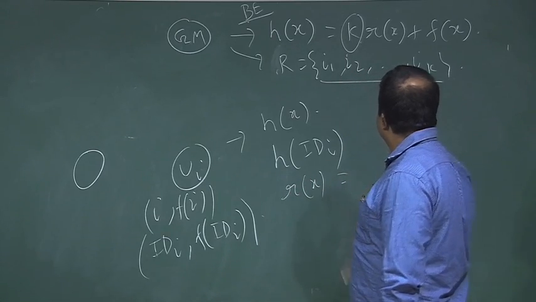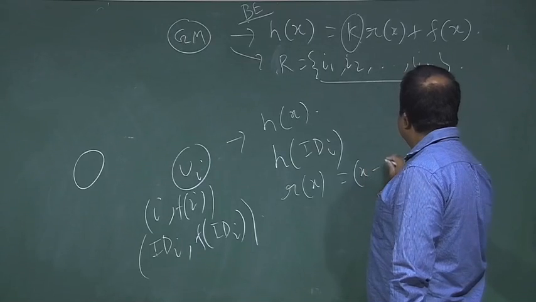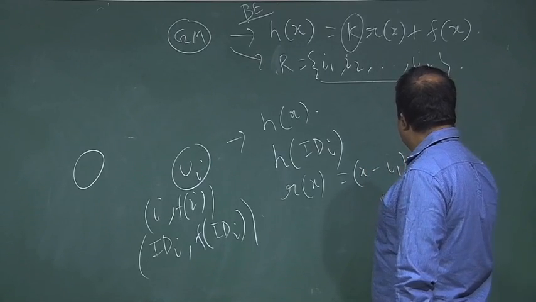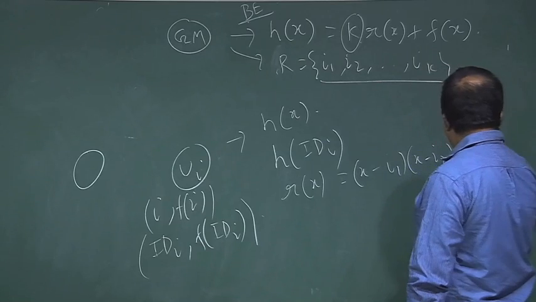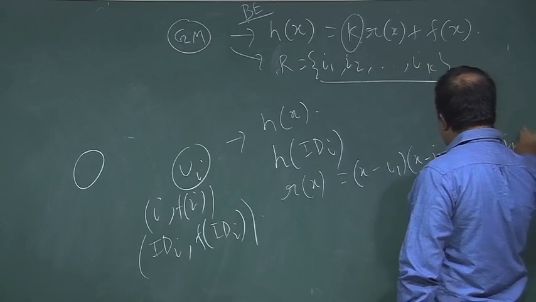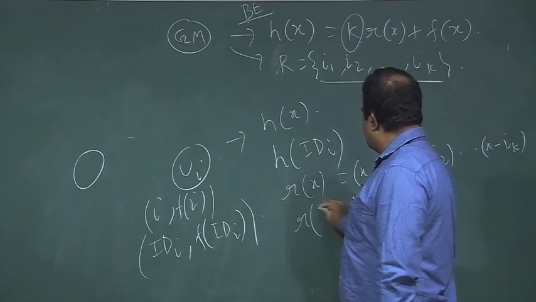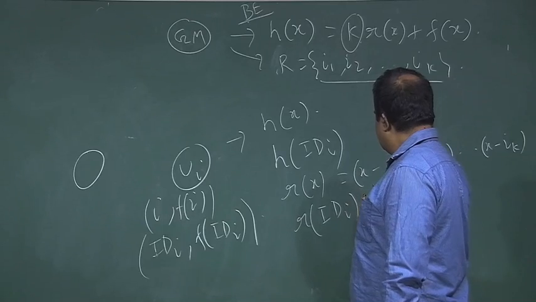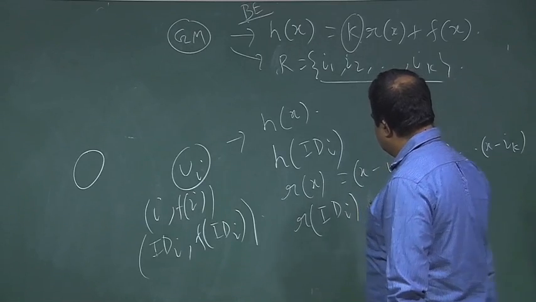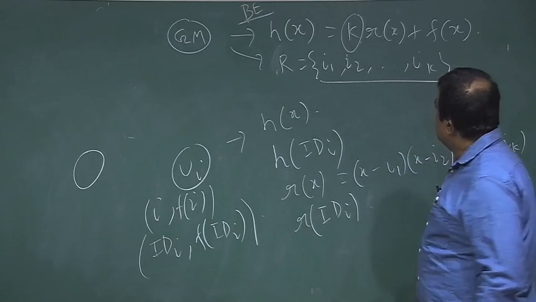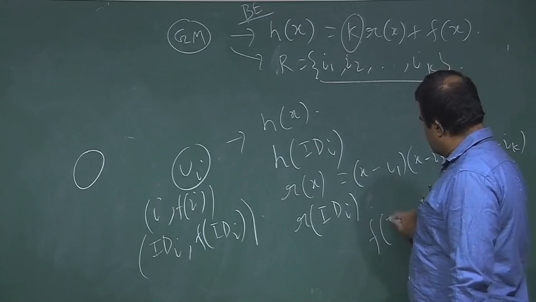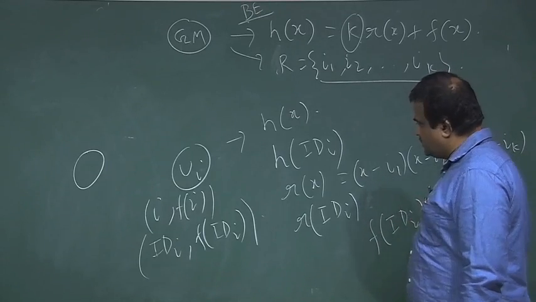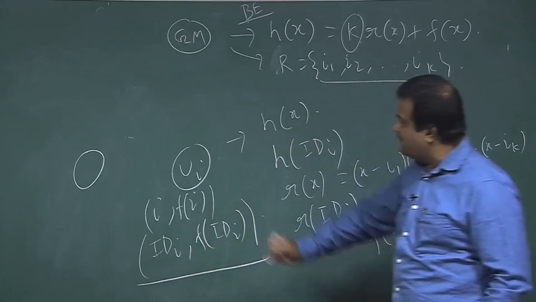R of x is basically x minus I1, x minus I2, up to x minus Ik. So it can compute R of ID of I. And it has f of ID of I, because this is the secret which it already has.